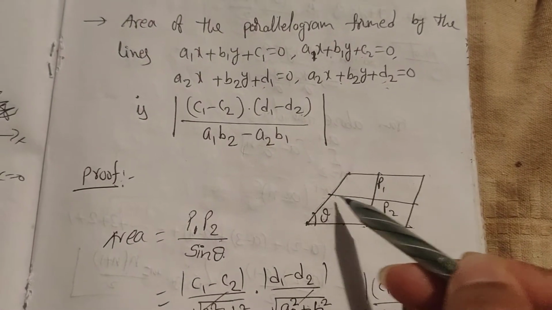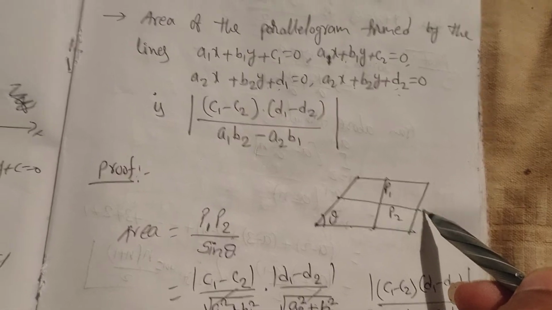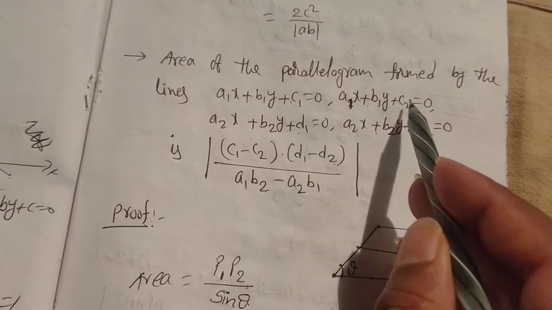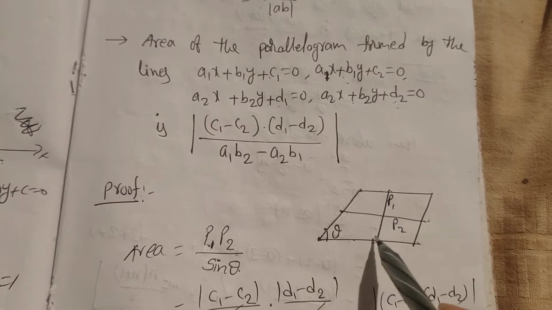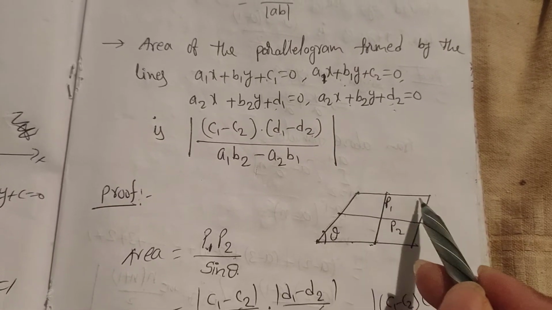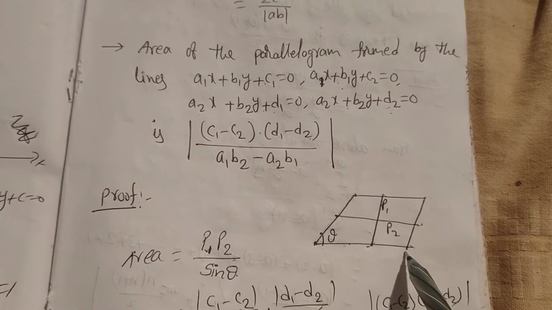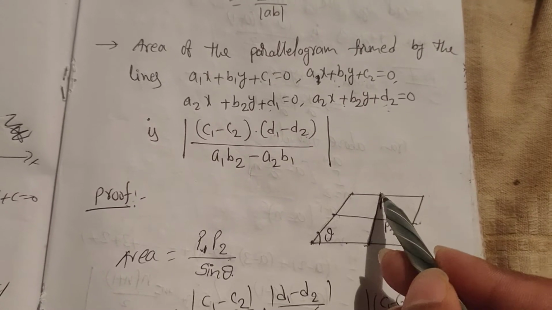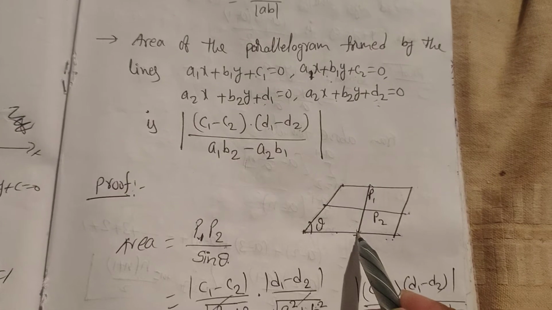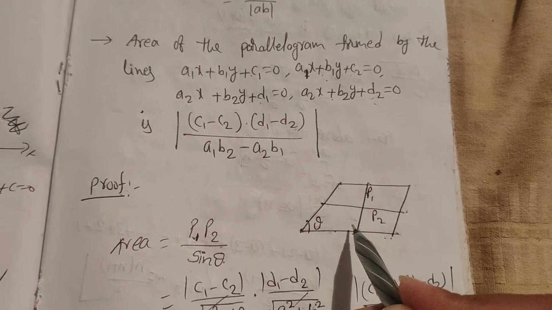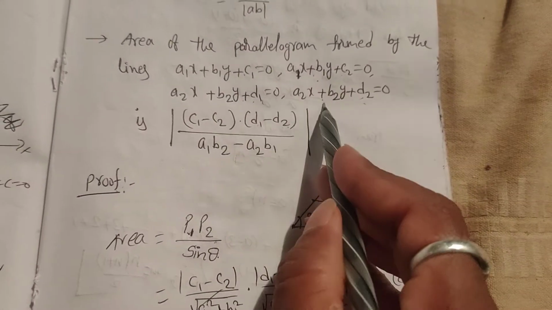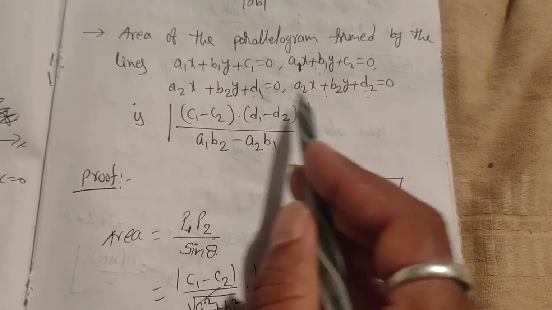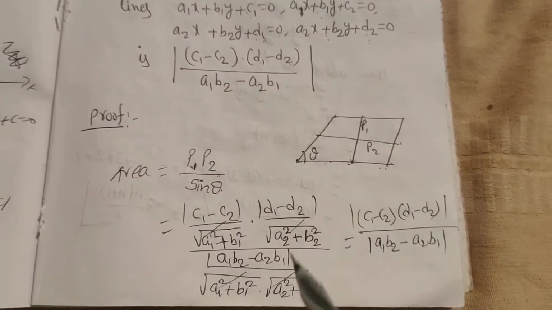So the distance between these two parallel lines is nothing but modulus of c1 minus c2 by root over a1 square plus b1 square, that is p1. And p2 is the distance between the other two parallel lines, that is nothing but modulus of d1 minus d2 by root over a2 square plus b2 square.